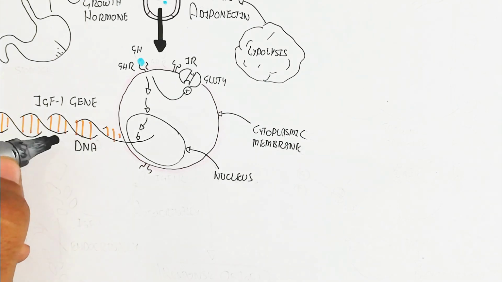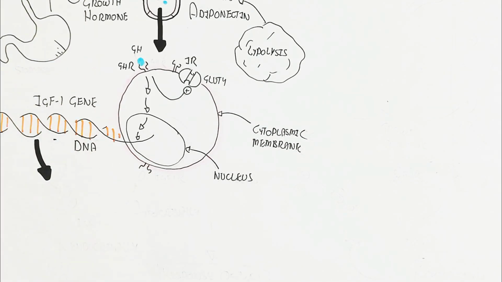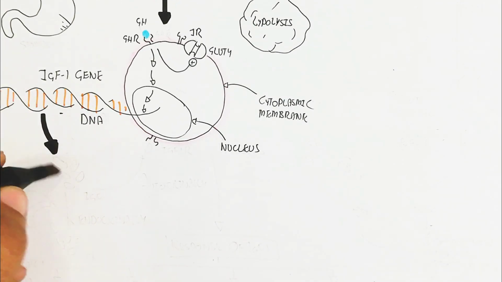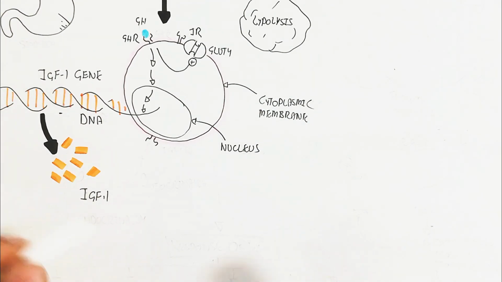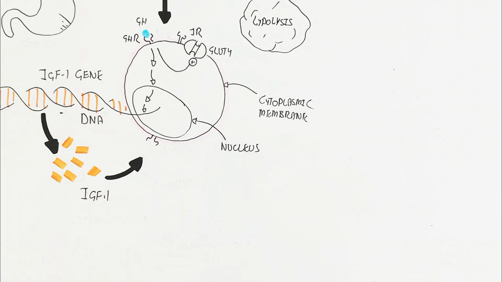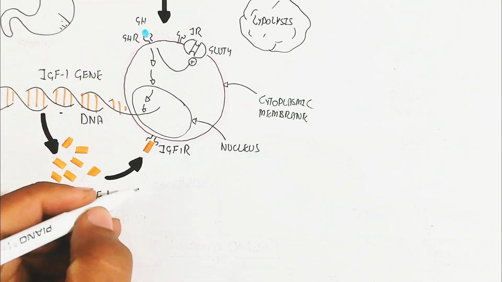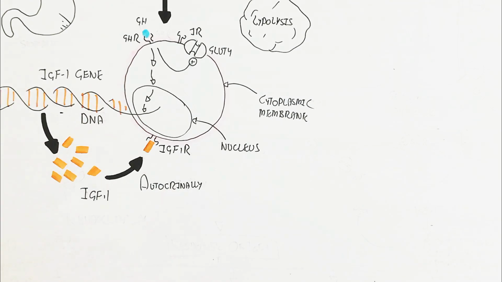This is the cytoplasmic membrane and the nucleus. When growth hormone targets the DNA, it acts through phosphorylation because it is water soluble but lipid insoluble. So IGF-1 will be produced through gene transcription to translation.